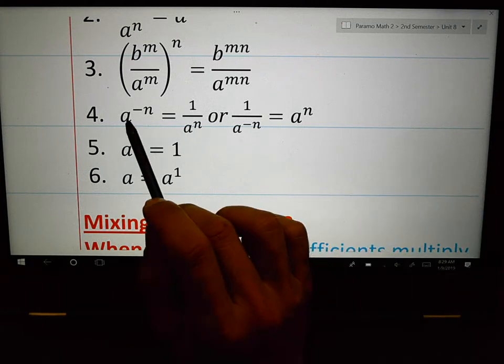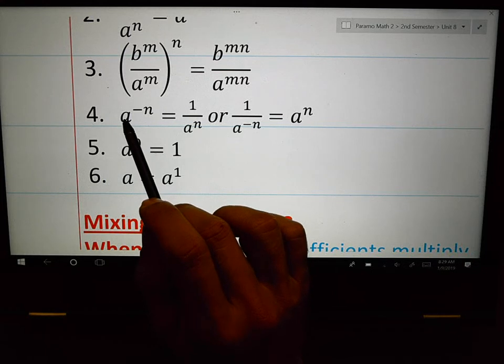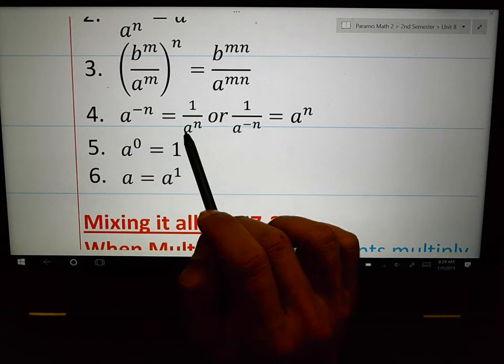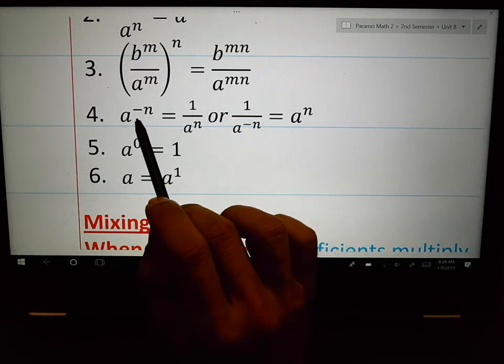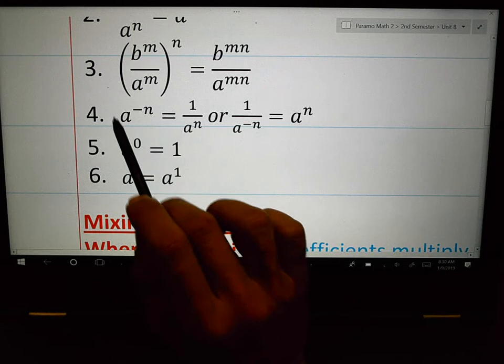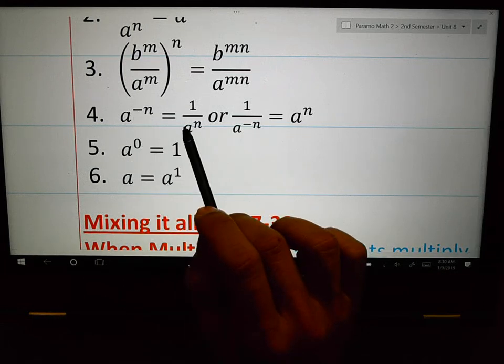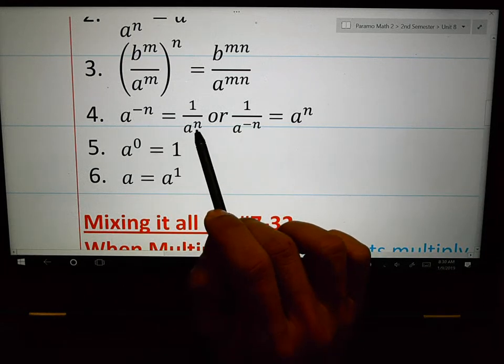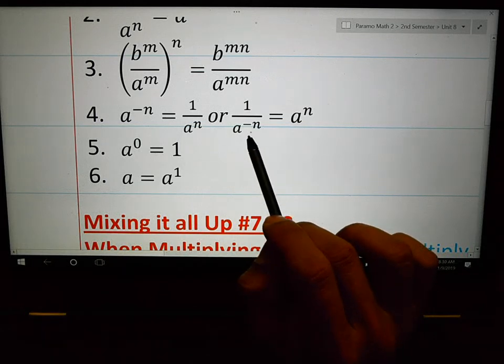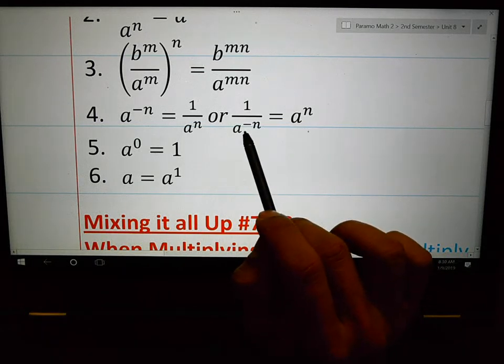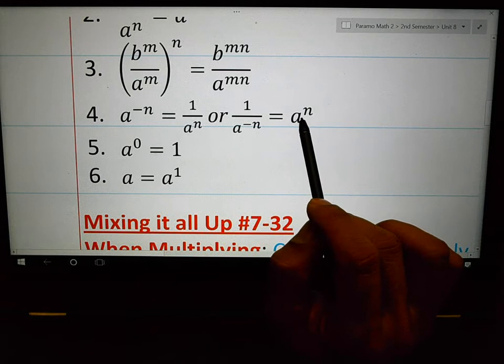The easiest way to turn it to division is to move it from the numerator to the denominator. This is 1 divided by a over n. So negative exponents really just move it from the numerator to the denominator, and it becomes a positive exponent down there. Or it goes from the denominator, negative exponent, to the numerator.